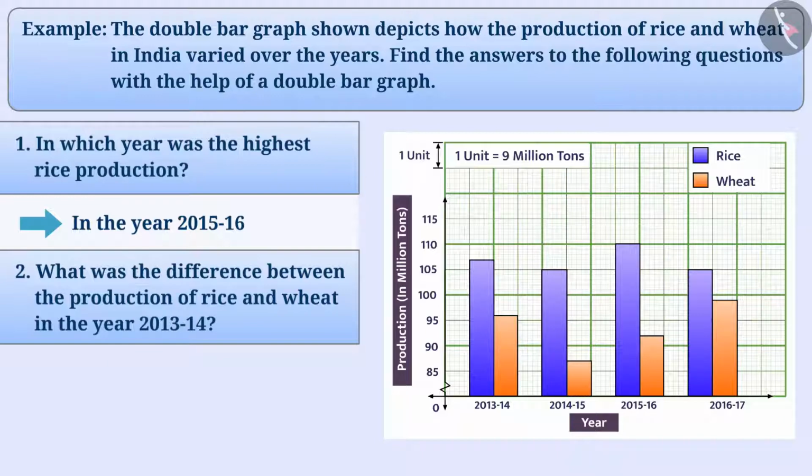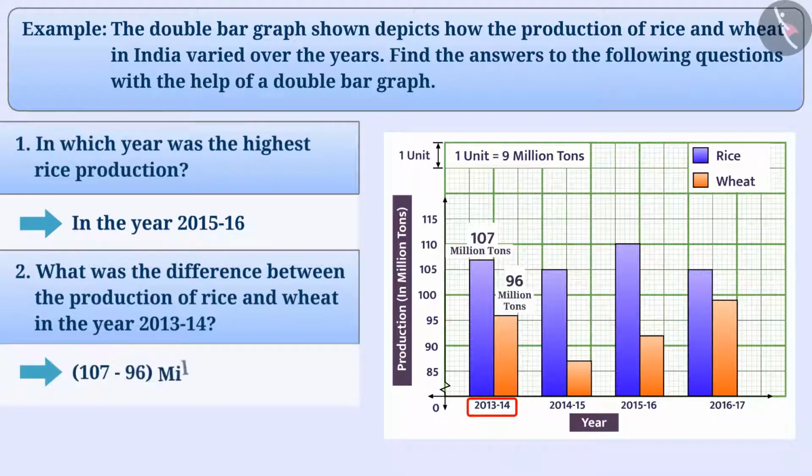We see that in the year 2013-2014, rice production is 107 million tons and wheat production is 96 million tons. There is a difference of 107 minus 96 million tons, that is 11 million tons in the production of both.